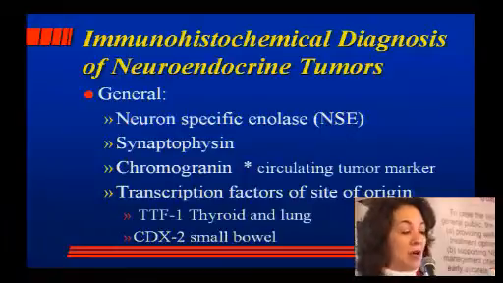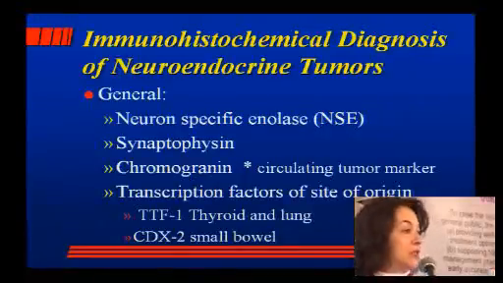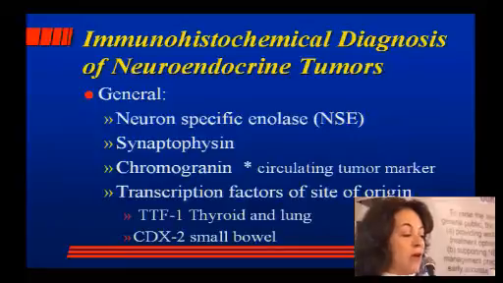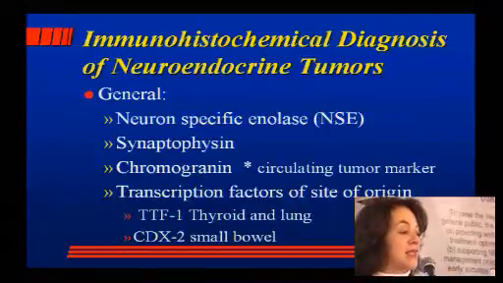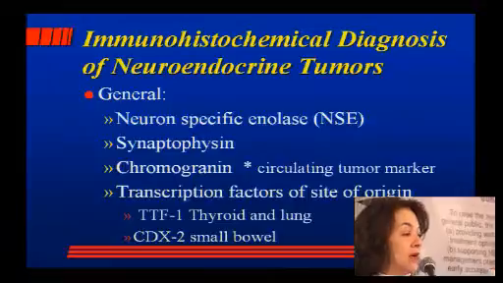And again, as time goes by, we have developed more and more specific markers of what we call transcription factors that are unique to specific parts of the body. So for example, if a tumor has TTF in it, it's very likely to be coming from the thyroid or the lung, whereas if it has CDX2, it's more likely to be coming from the small bowel. And so pathologists are becoming armed with many more tools that are helping us to do a better job of making the right diagnosis. Here are some examples of what these stains look like.